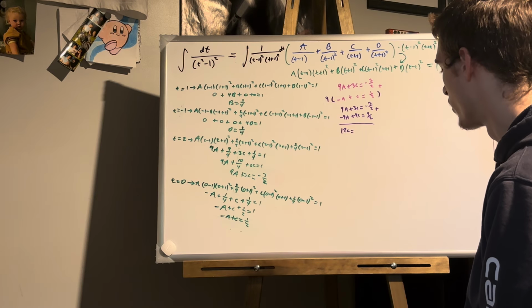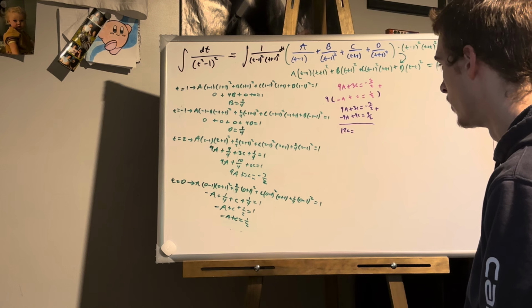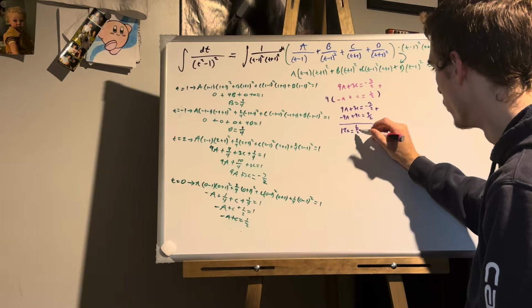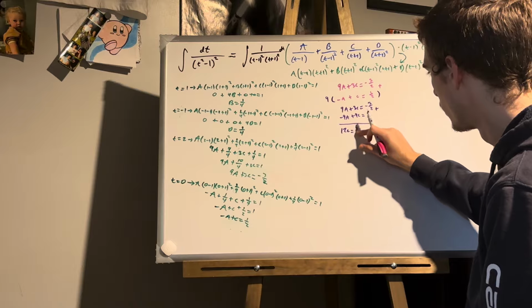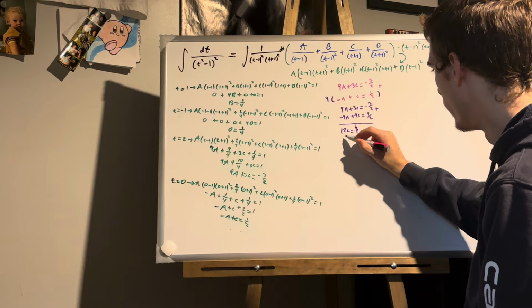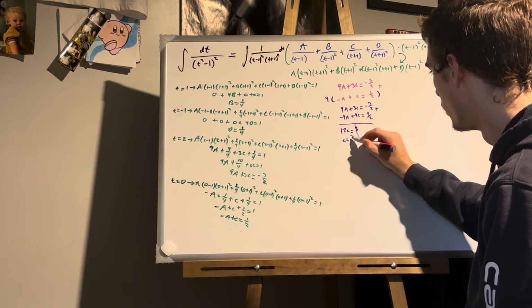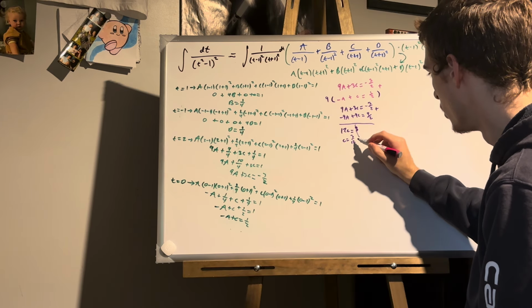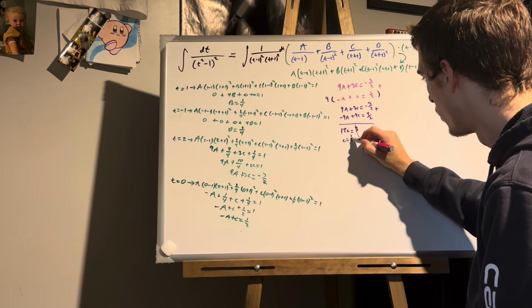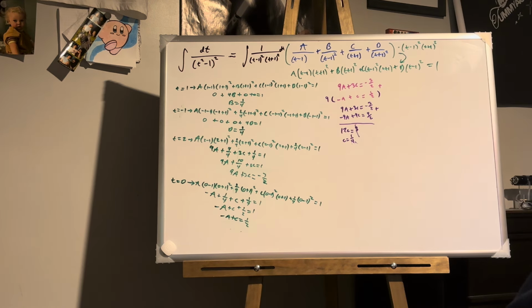Negative 3 plus 9 is 6. So 6 over 2, which is equal to 3. 3 times 2 is 6. 6 over 2 is equal to 3. And then we have c equals 3 over 12, which is equal to what? Divide by 3, divide by 3. 1/4. Okay? C equals 1/4.